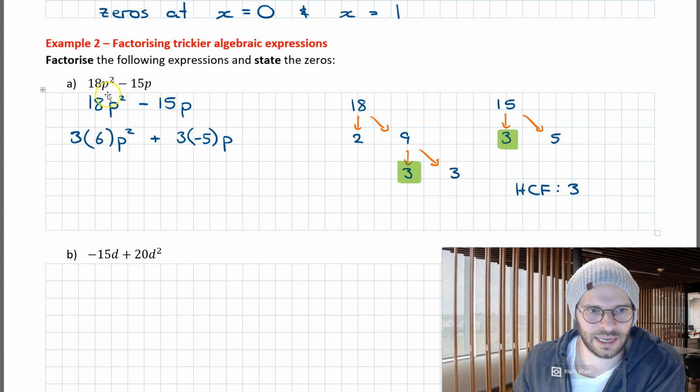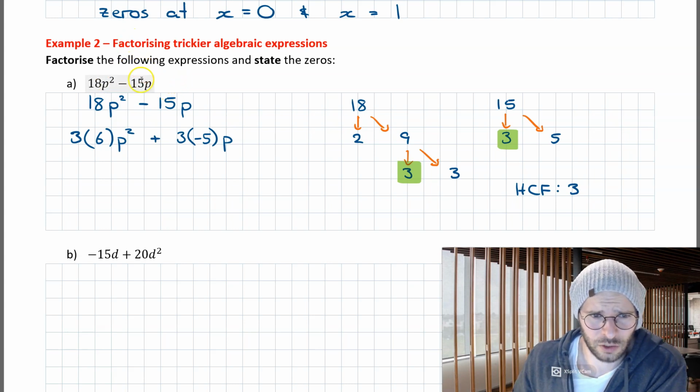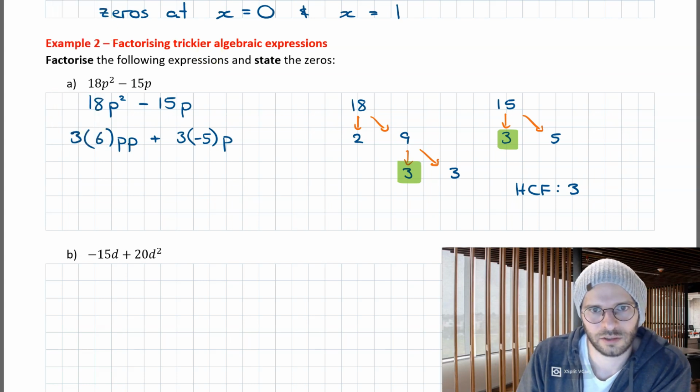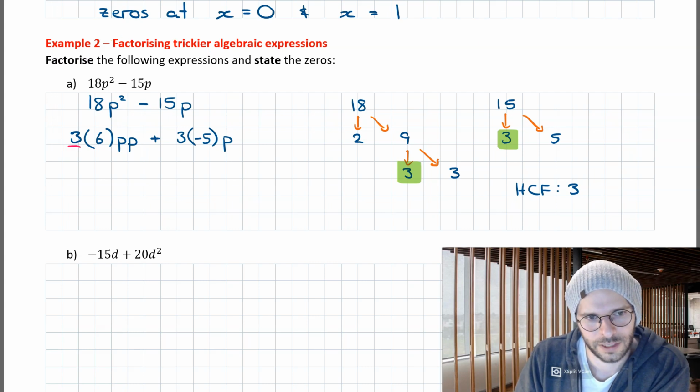Next, you can see that we've got common p's between these two terms. Because they're common, we can actually factorize for that. We pick the smaller one and we say that's our benchmark, and then we turn this larger one such that we pull out a factor of the smaller one. So we've got p over here, we'll just write this as p. Next, we look at what's common, 3 and p, 3 and p.